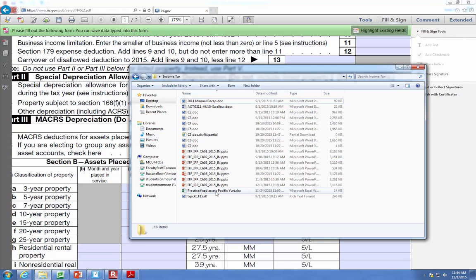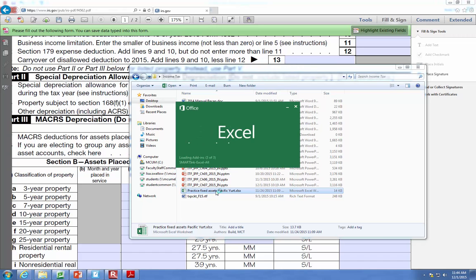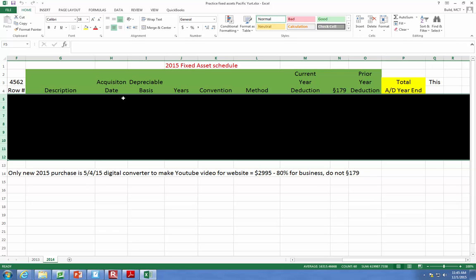In reality, what we're going to be learning how to do on Thursday is that number, that 44,042 or whatever we just put in there, is going to come from a fixed assets schedule that's going to basically look just like what we just filled out in Part B, but we're going to do all the details to it. So just so you can kind of see where we're going.